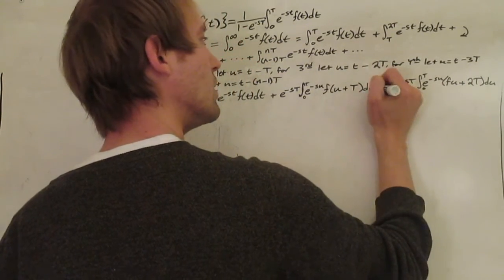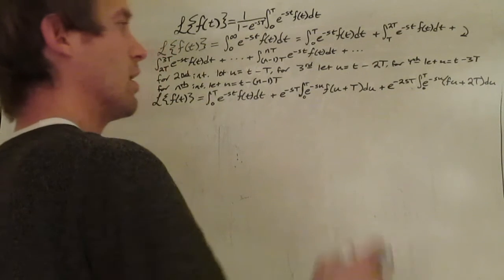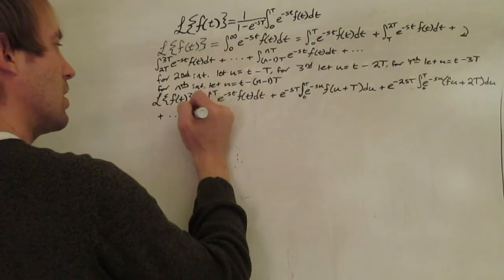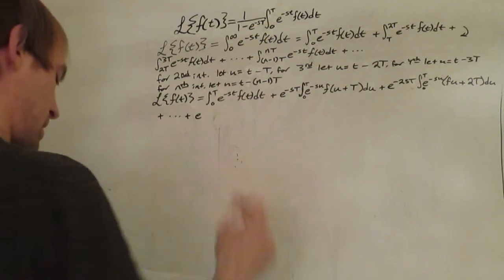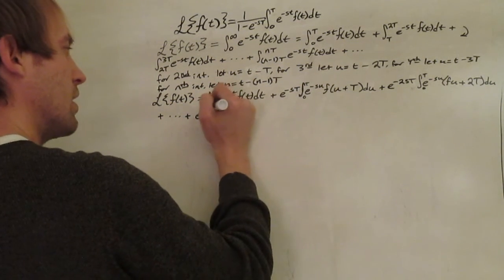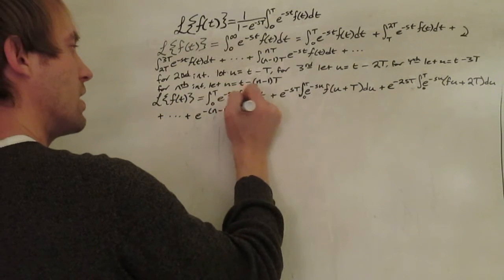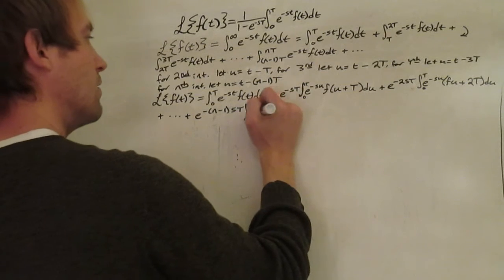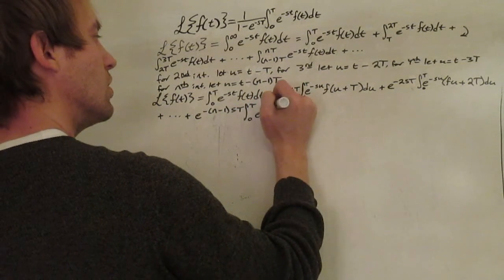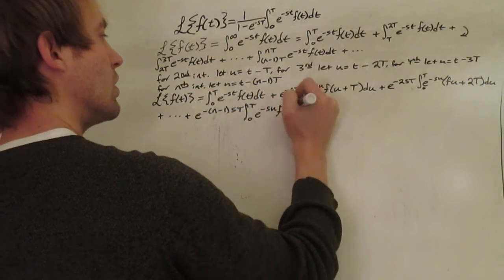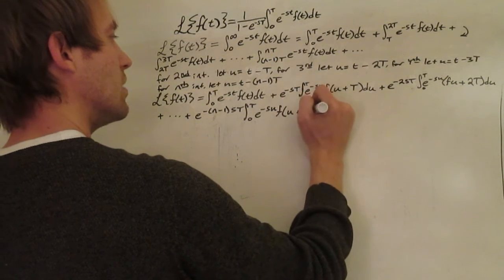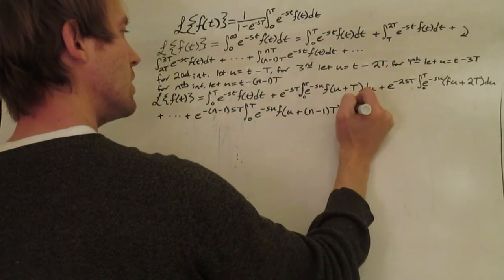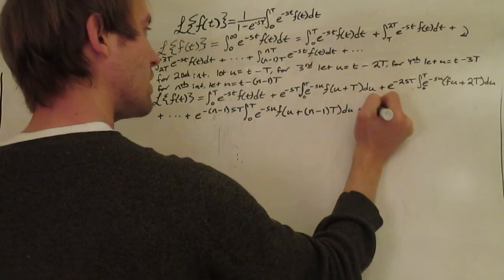I don't know why I put t there, sorry, du, plus dot dot dot plus e to the negative n minus 1 s capital T, times the integral from 0 to t of e to the negative su f of u plus n minus 1 times capital T du, plus dot dot dot.